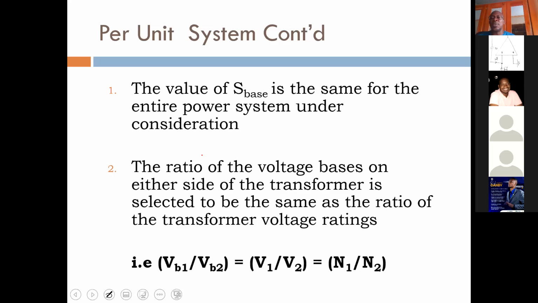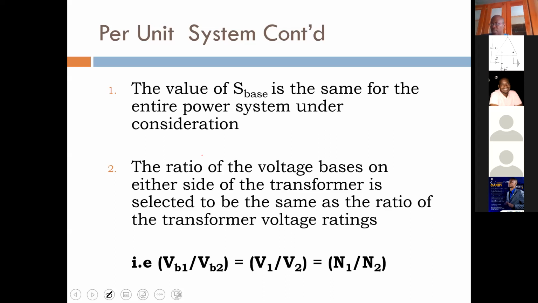When we select the base voltage, it must be selected at a certain point in the network. Once I cross a transformer, the base voltage is going to change.